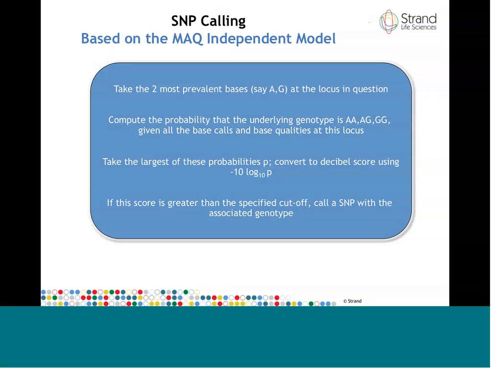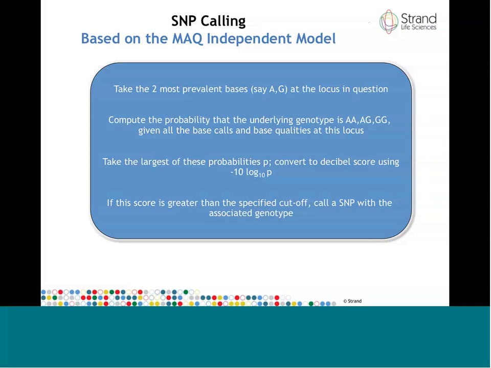So using the base calls and the base qualities, we compute a probability of the underlying genotype being AA, AG or GG. For instance, if most of the bases are A, clearly the probability of an AA will be high. If most of the bases are G, the probability of a GG will be very high. If the bases are broadly balanced between A and G, then the probability of an AG will be very high.